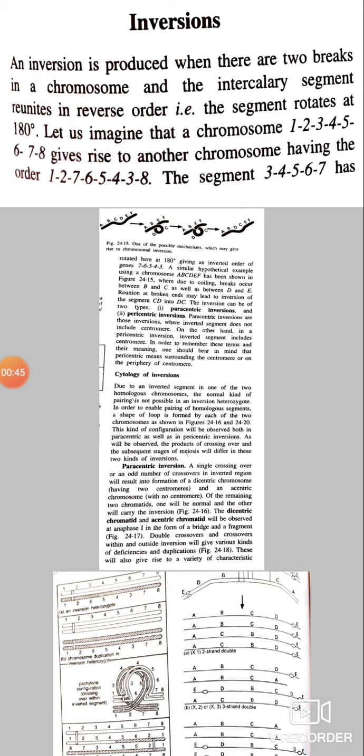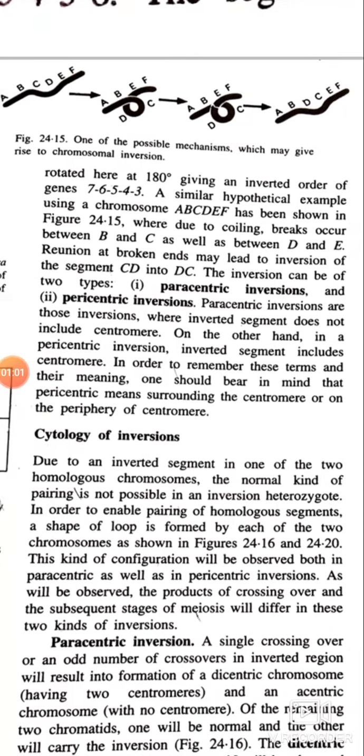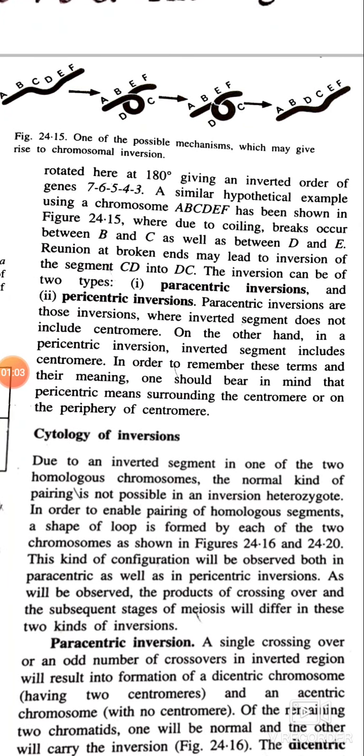Let us imagine that a chromosome has a sequence 1 2 3 4 5 6 7 8 giving rise to another chromosome having order 1 2 7 6 5 4 3 8. The segment 3 4 5 6 7 has been rotated at 180 degrees, giving an inverted order of genes 7 6 5 4 3.